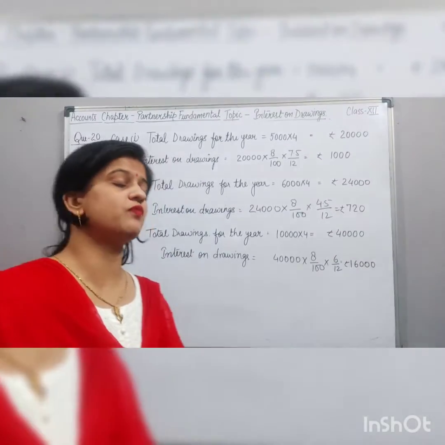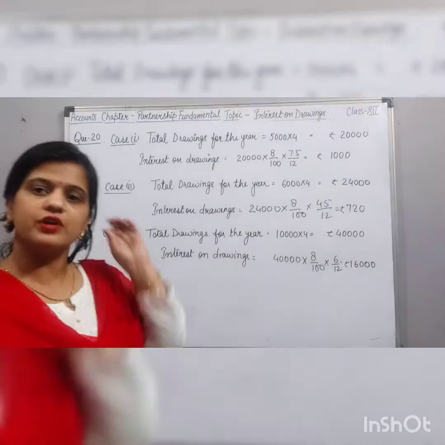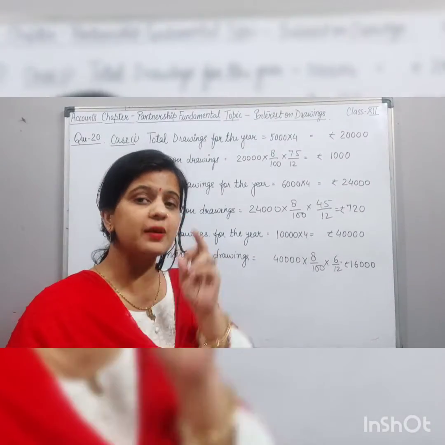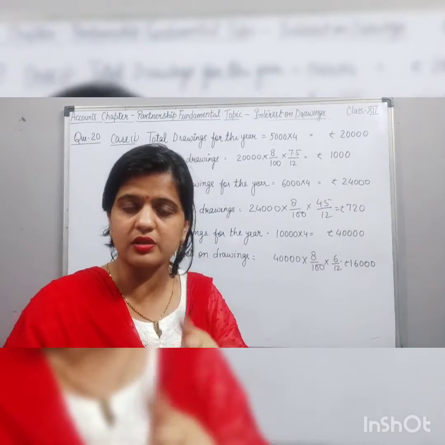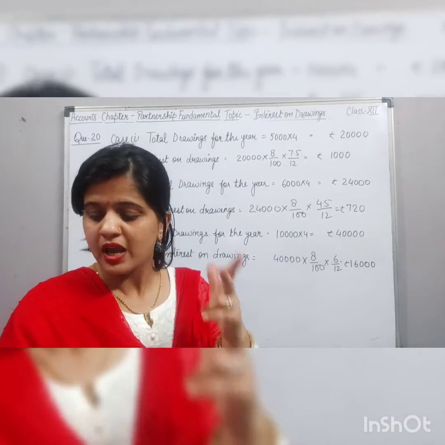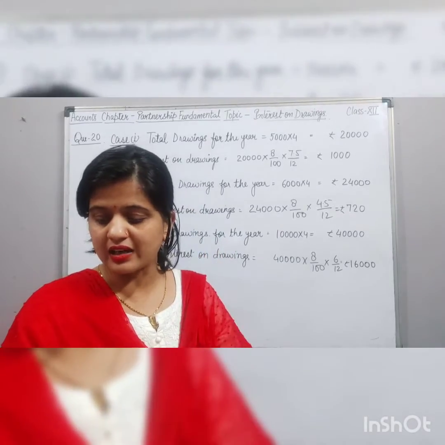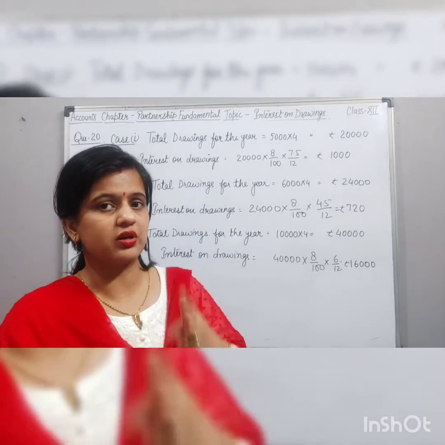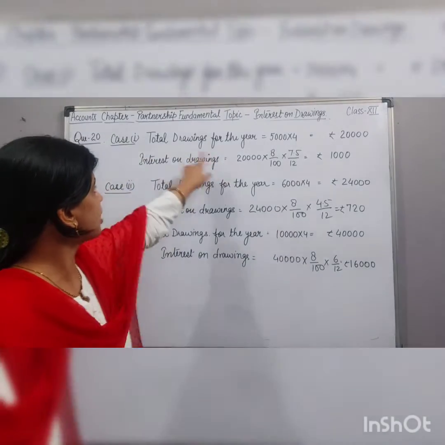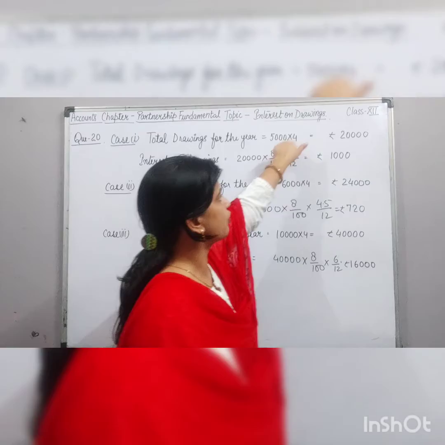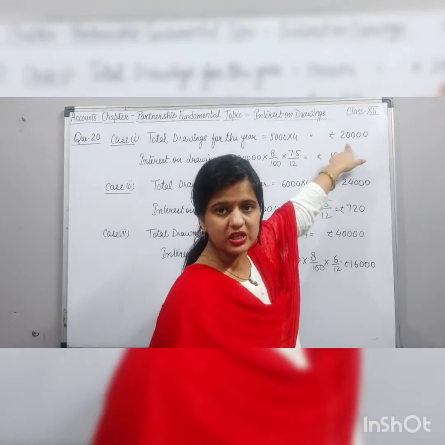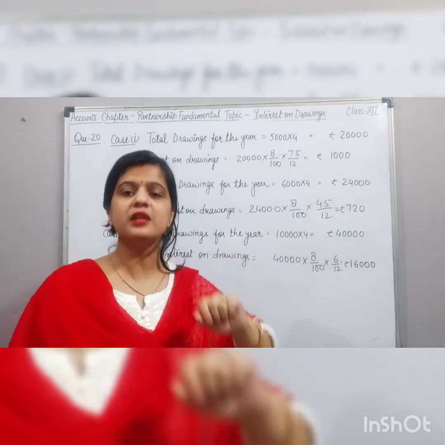First of all, we should keep in mind how many quarters there are: 4 quarters. So total drawings for the year will be 5,000 into 4, that will be 20,000.